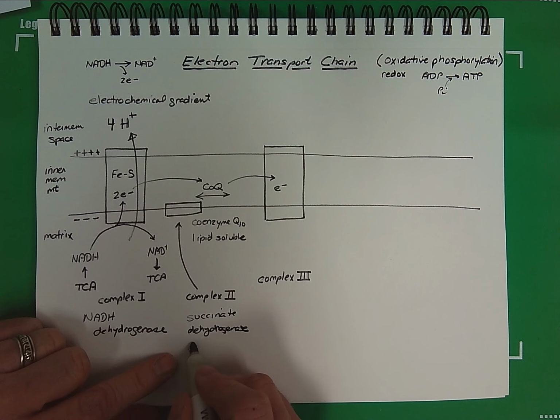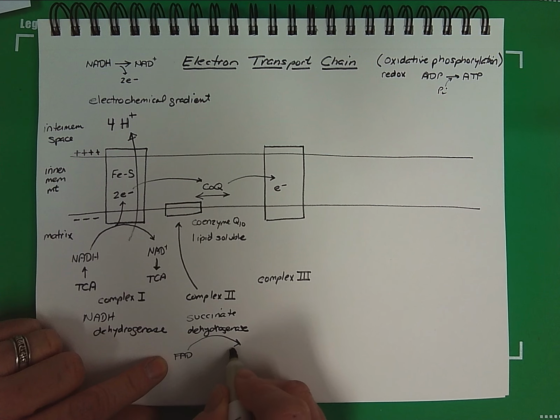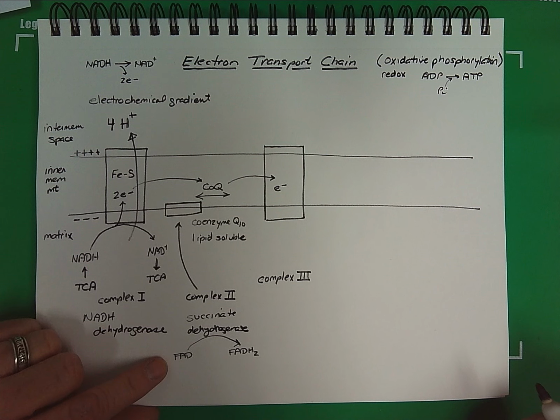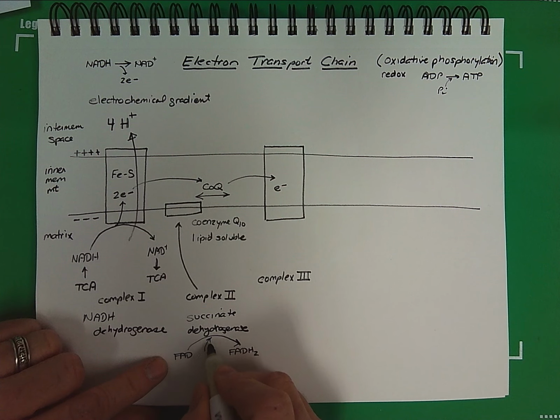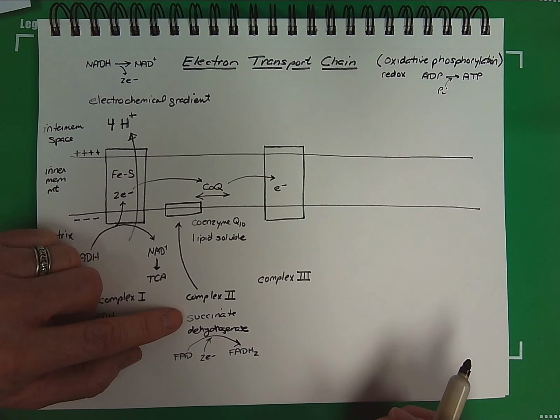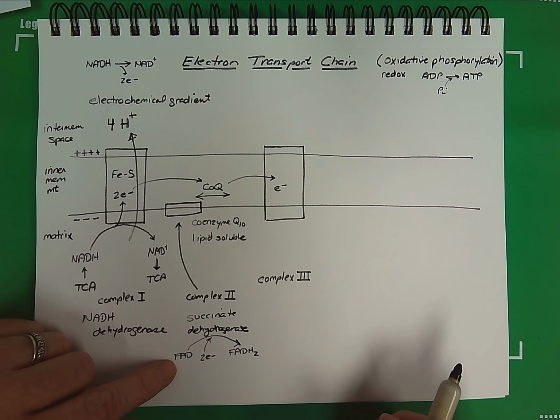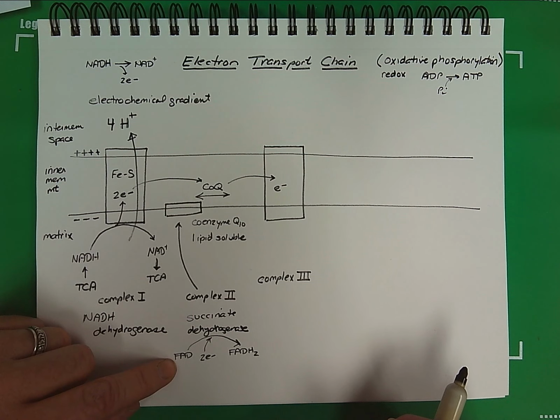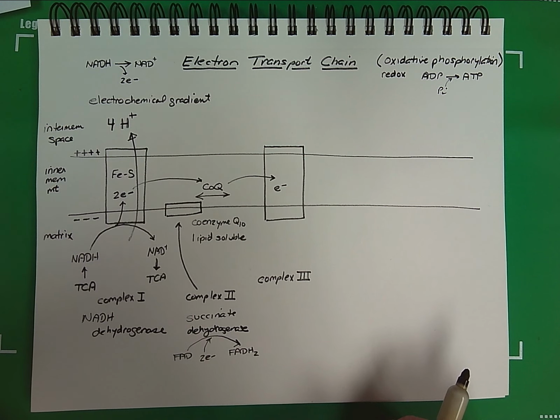And in doing so, we are performing a redox reaction and generating FADH2 from FAD. These are the two electrons that are extracted from the two central carbons of succinate to create that double bond. They are placed on FAD to generate FADH2.